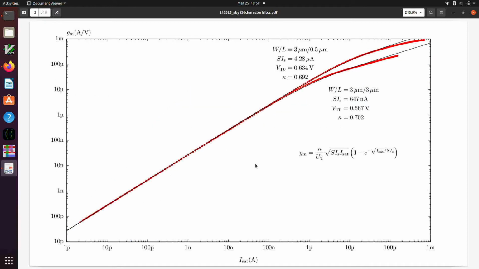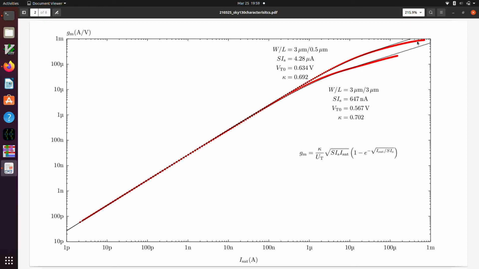Now, if you take those curves and take the partial derivative or an approximation of the partial derivative of those curves, you get the transconductance gain. And we can plot that as a function of the saturation current. And the EKV model actually does quite a credible job until you get up here to where you start to get the bending over here, probably due to mobility reduction and carrier velocity saturation eventually.